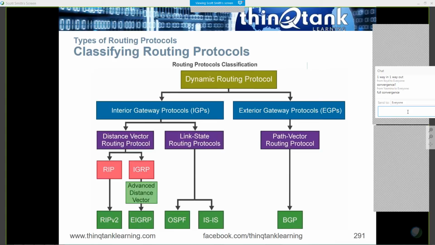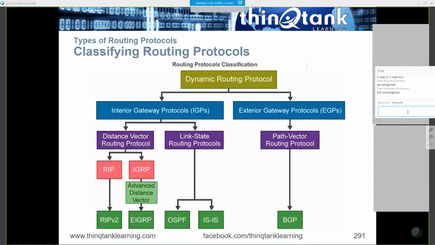So EIGRP, kind of by association, being that it's a distance vector protocol, kind of gets a bad rap because everybody thinks, well, distance vector protocols are not as good as link state protocols. But actually, EIGRP, even though fundamentally it's distance vector, does take a lot of characteristics from link state. That's why EIGRP is often considered to be an advanced distance vector protocol.